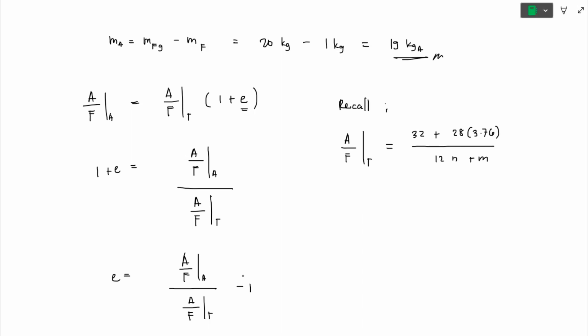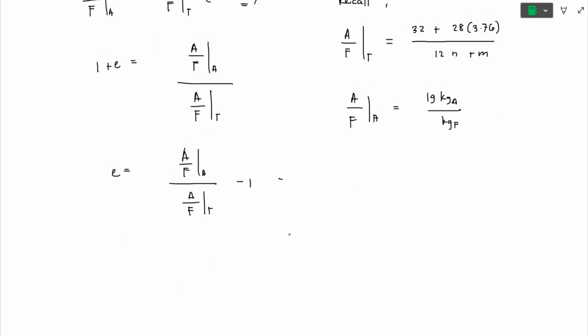Eh, sir, ano ba yung air-fuel actual dyan? Diba, nasolve mo na? O, ang actual is 19 kilograms air per kilogram fuel. O, diba? Meron ka ng value niyan. So, I can now solve this.